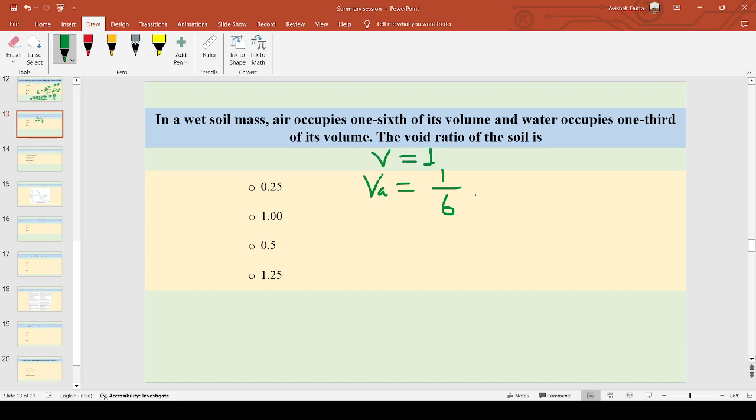Volume occupied by the water will be 1 by 3. So volume of void will be equal to volume of air plus volume of the water. It is equal to 1 by 6 plus 1 by 3. That will give us a value of how much?